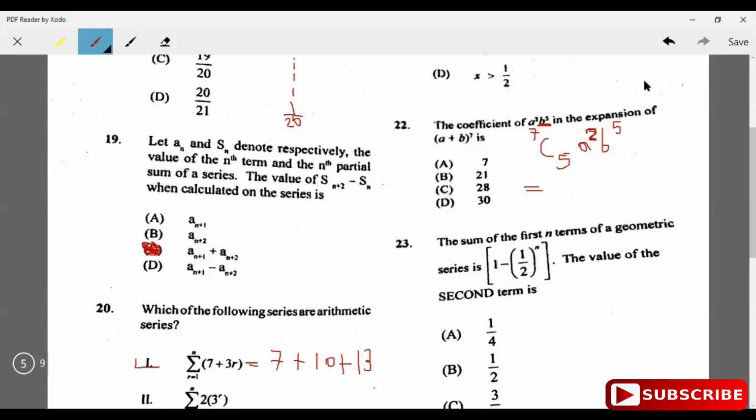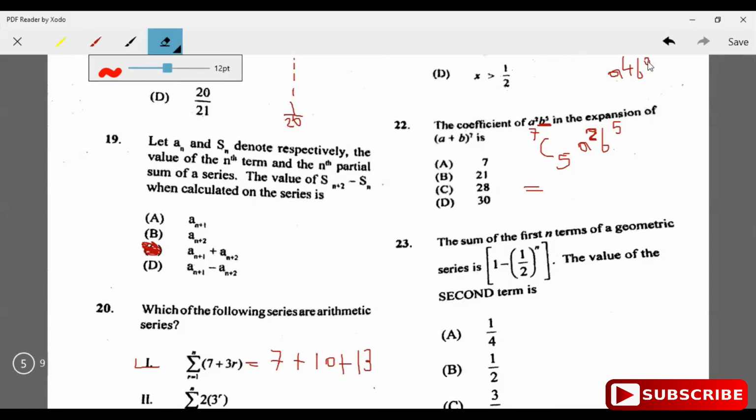What if I ask you what is the coefficient of a to the 4 b cubed? The coefficient of this term is going to be n choose r in front of it.